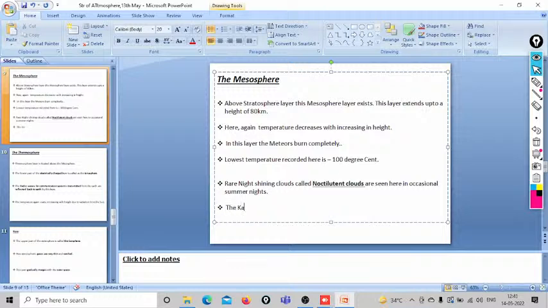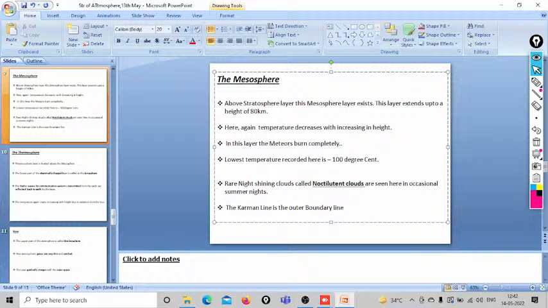The Karman line is the outer boundary limit of our atmosphere.